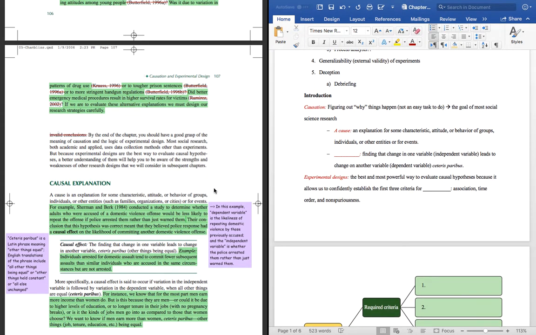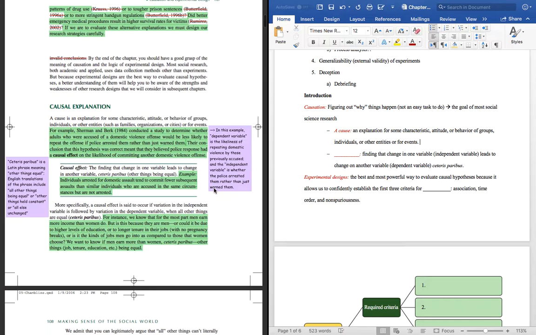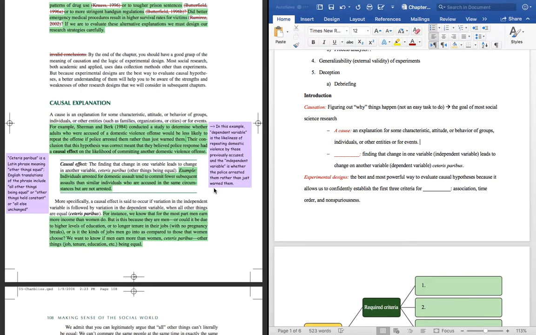And then the article goes through explaining why we want to find out the reason behind things. So, to find a causal effect between two variables is the process of finding that change in one variable leads to change in another variable. I'm going to give a review of independent and dependent variable. Independent variables are our exposures.